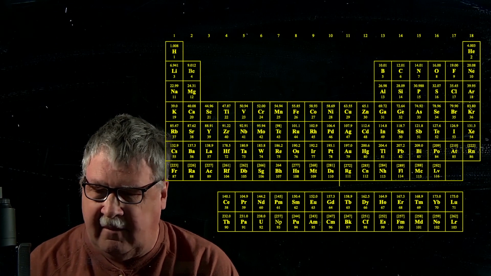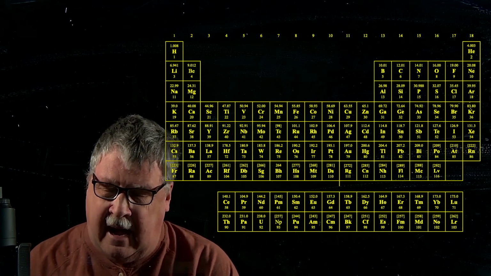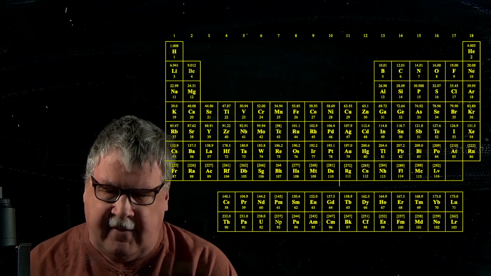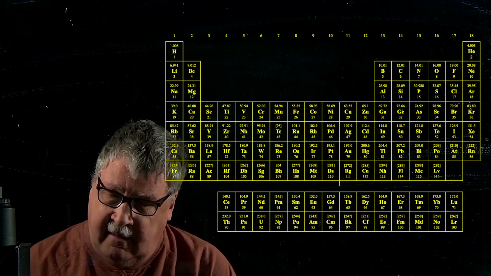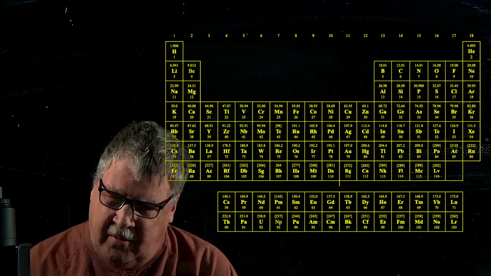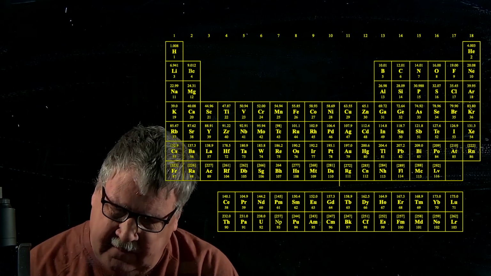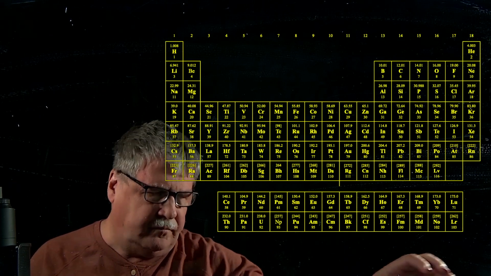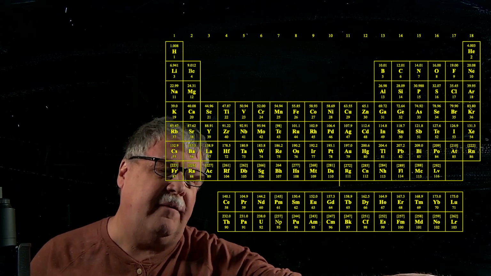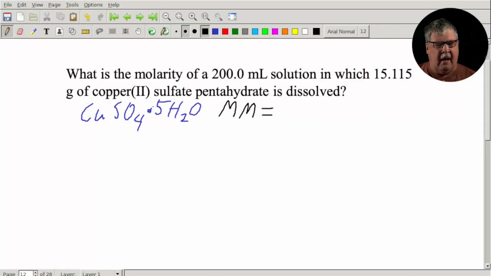Hydrogen is 1.008 grams per mole. Oxygen is 16.00 grams per mole, and sulfur is 32.07 grams per mole. What do we get for a molar mass of copper 2 sulfate pentahydrate if we add those together?